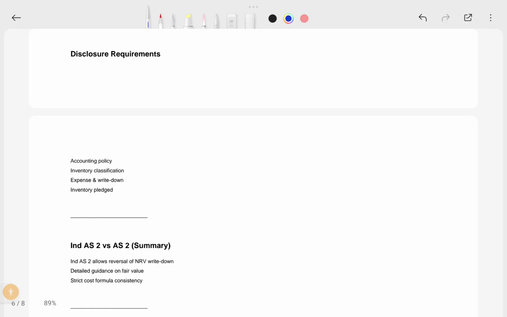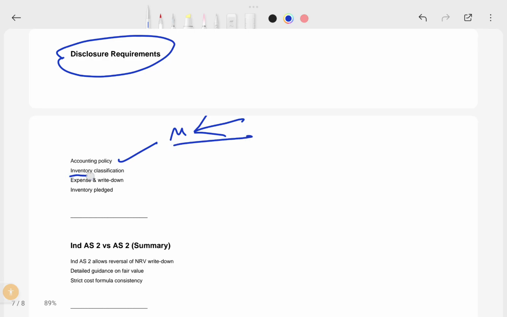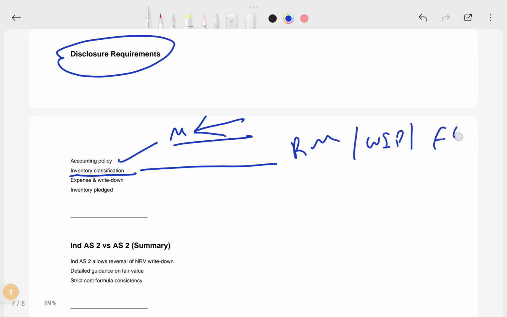Now you see the accounting policy. You need to disclose which method you are using: LIFO, FIFO, or weighted average. And inventory classification means raw material, work in progress, and finished goods. These classifications are required.